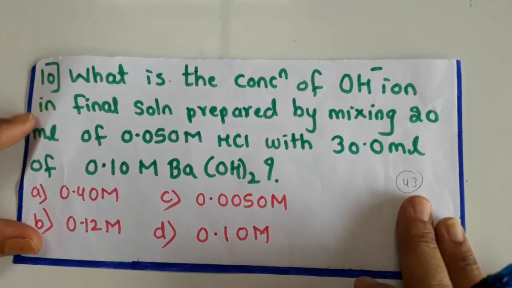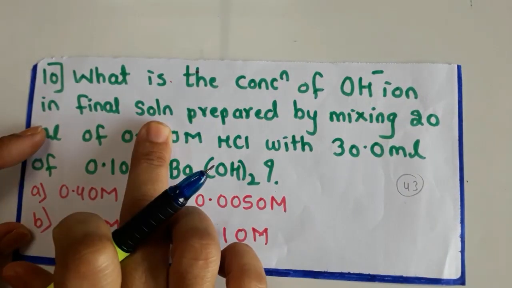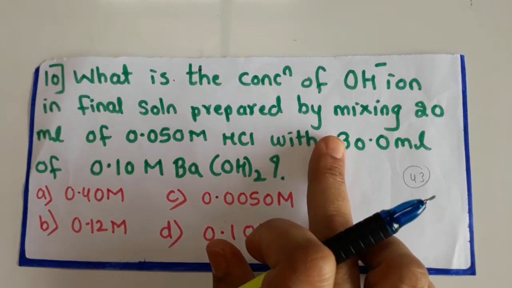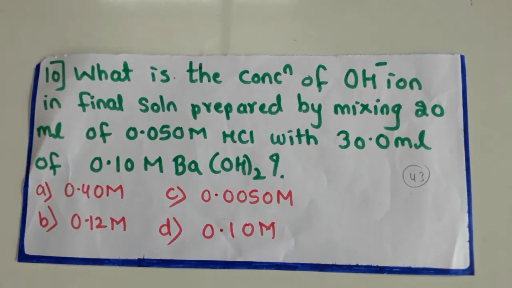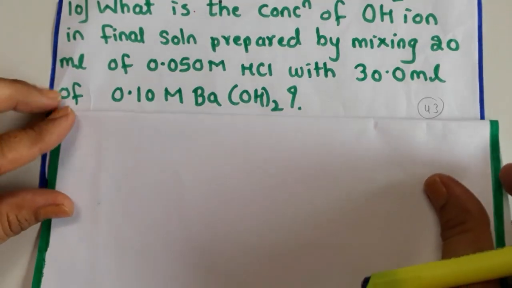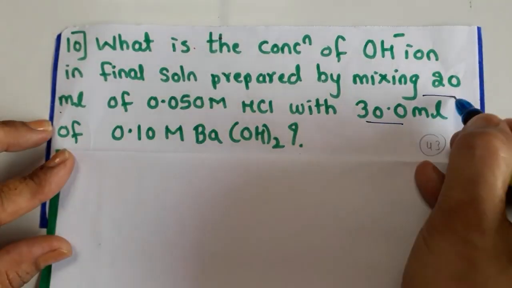Here we have one more question. What is the concentration of OH minus in the final solution which is prepared by mixing 20 ml of HCl with 30 ml of barium hydroxide? Now students, you remember this is 30 and this is 20 ml.